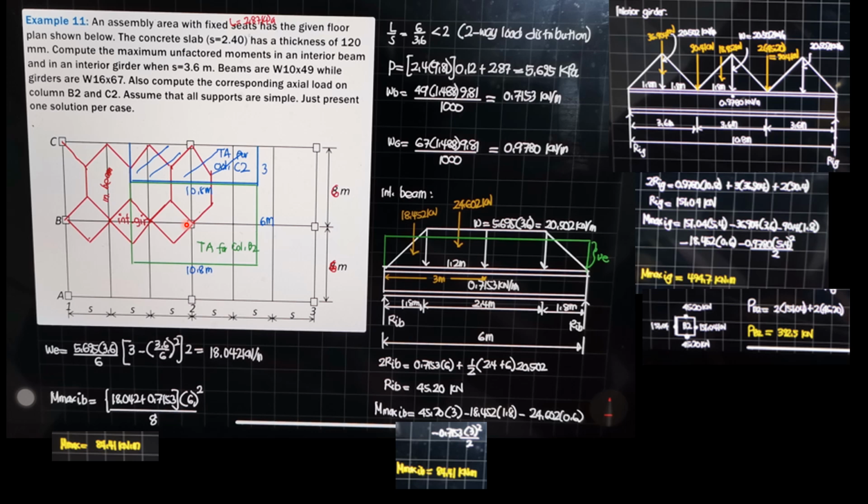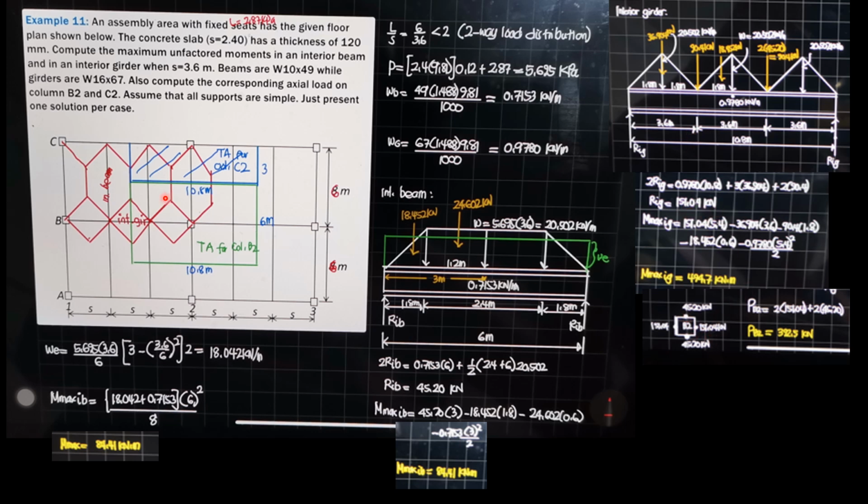That reaction of the interior girder is 151.04, and that's also 151.04 on the other side. It's not so clear here, but just look at it from here.